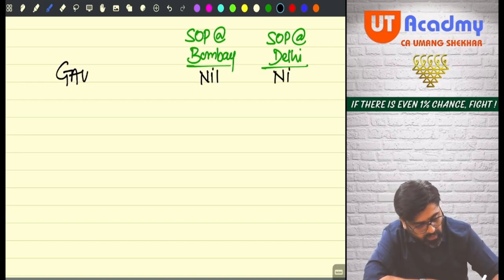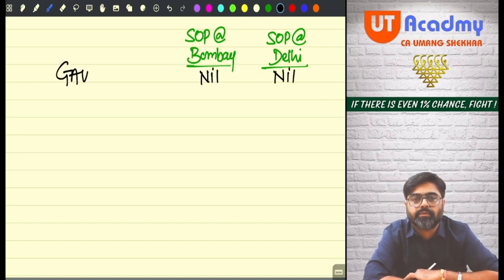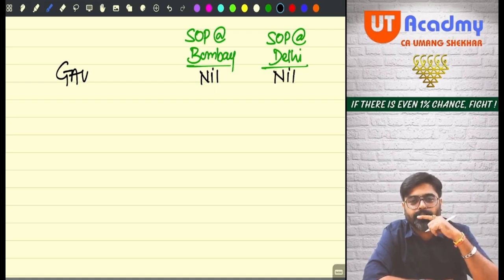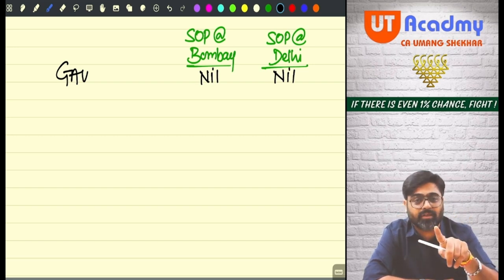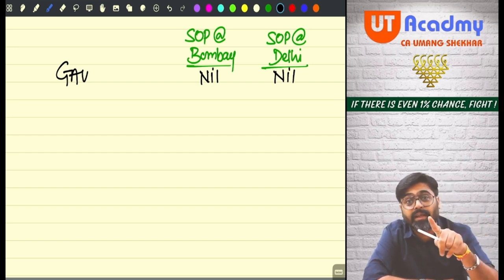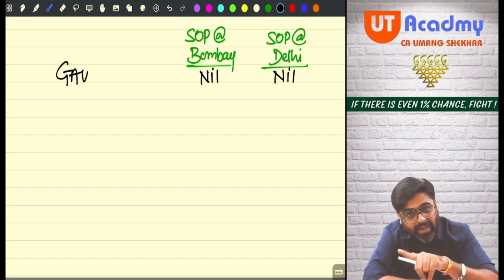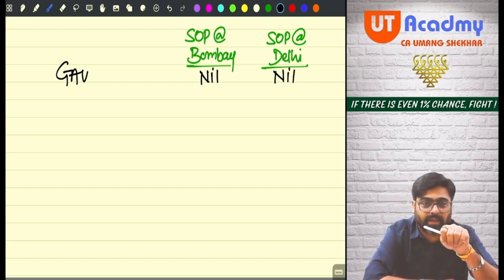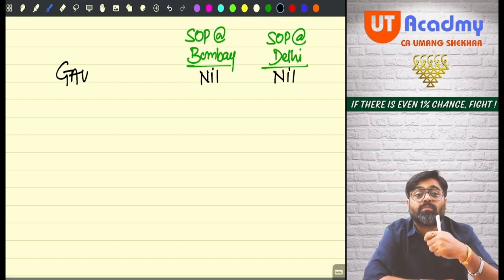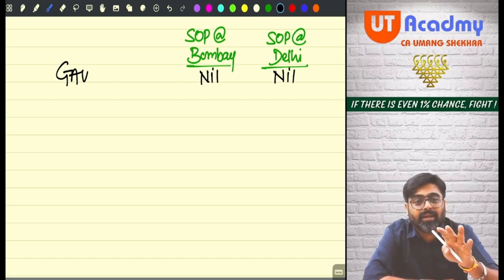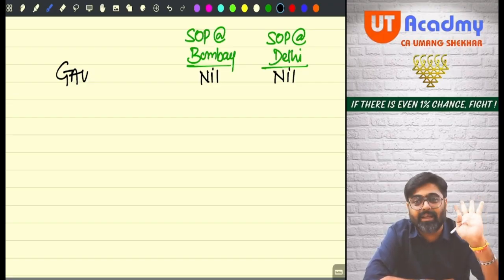For this property also I will take nil. And you will have to write down a note that annual value of any two SOPs at the option of the assessee is exempt under section 23(2). Hence, the GAV of both the properties belonging to Manas has been taken as exempt. Taken as nil. Yes or no?